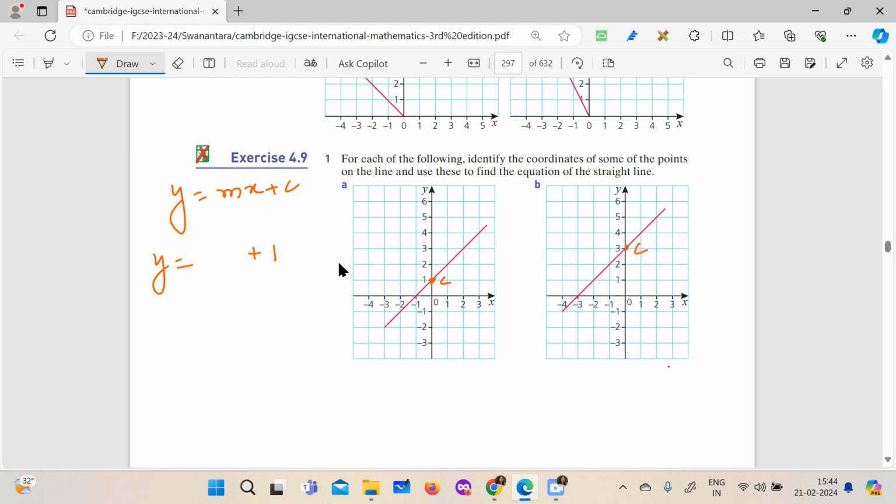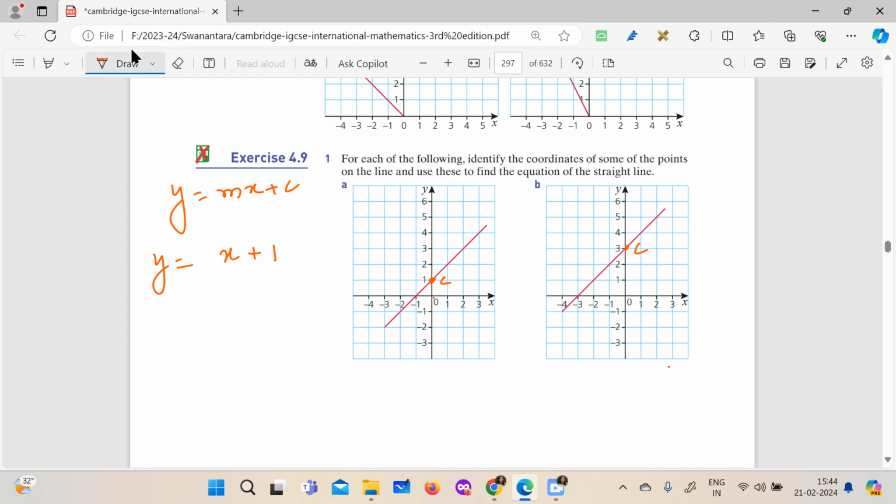Now if you look here, when your x is 0, y is 1. So I will say this is x plus 1. Did you understand? Yes, miss. So this is your equation of line, y is equal to x plus 1.